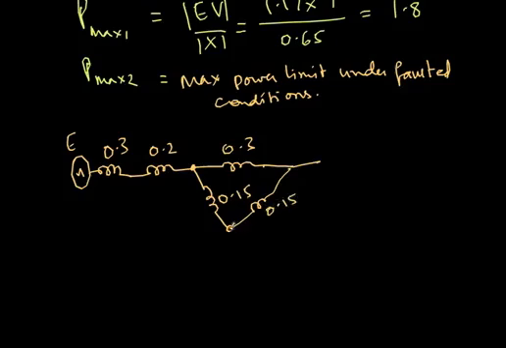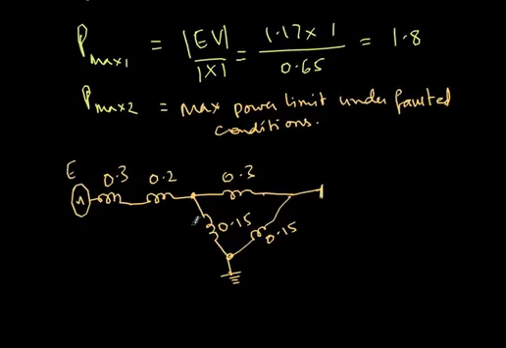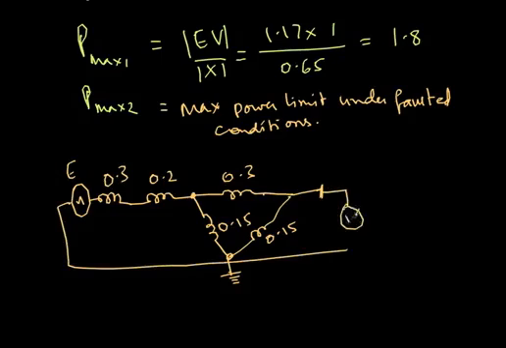So this point is connected to the ground, and then the receiving end directly is your final bus. So under these conditions, here I have EMF E, and then here I have the infinite bus voltage, that is 1.0 angle 0 degrees.